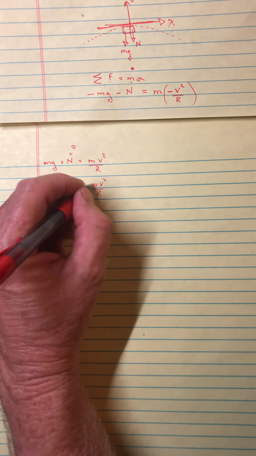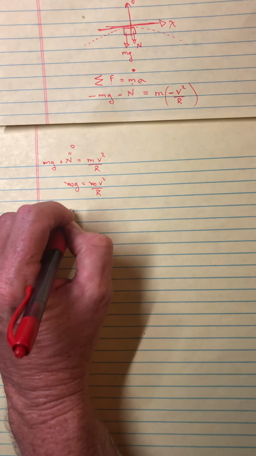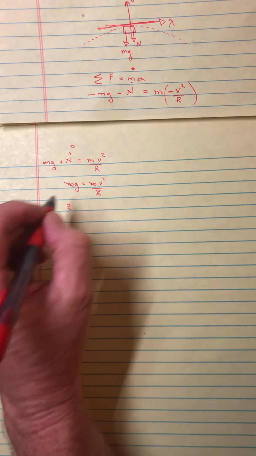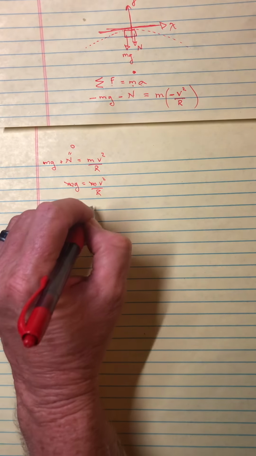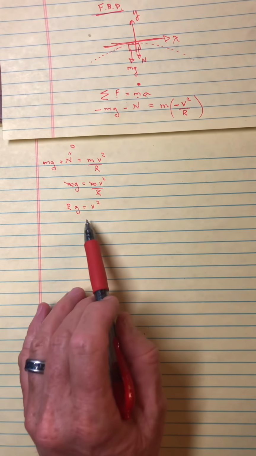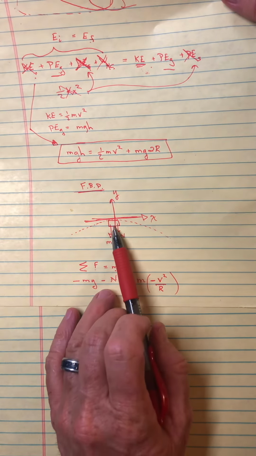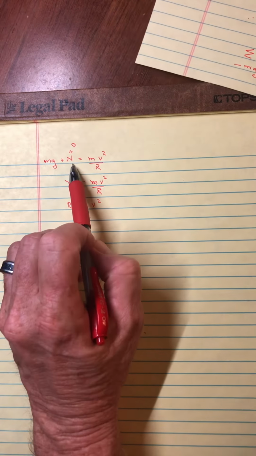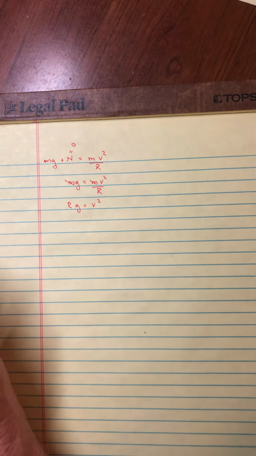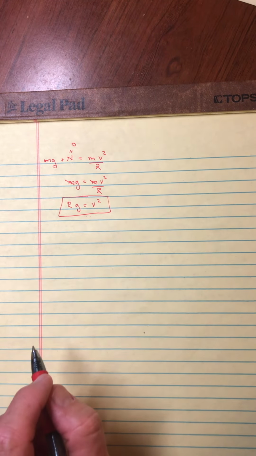And I'll even get an m to cancel off. And maybe I could even then move the r over to the left-hand side, and I'll get this relationship. So this is the relationship saying its speed when it's upside down and just barely making it, because I set n equals 0, so I'll put a little box around that.